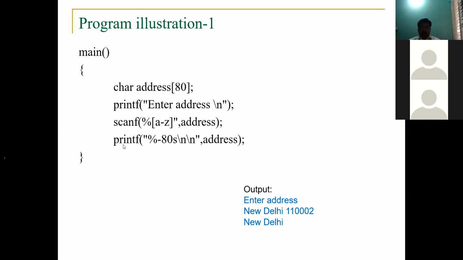Now the next statement here is printf, percentage hyphen 80s. So the address that is printed on the screen will occupy 80 spaces, but my string will get left justified. If I don't give hyphen, it will be right justified. If I give hyphen, it will get left justified. We can see here the input to this program that I have given is New Delhi. 1100002 is the pin code.